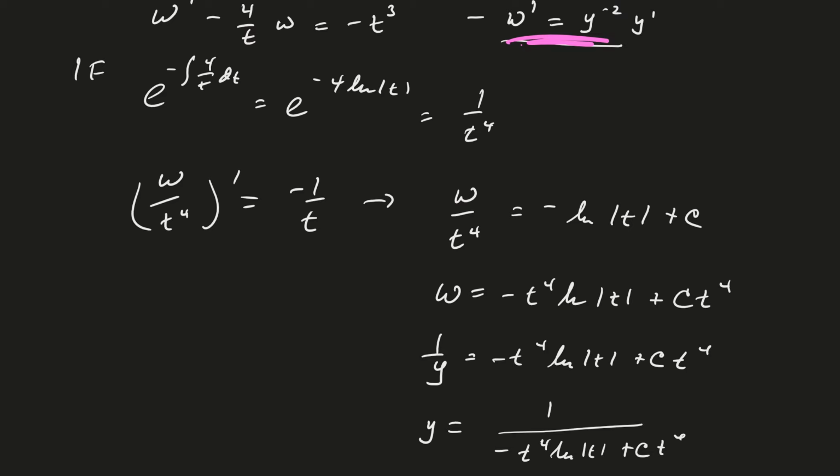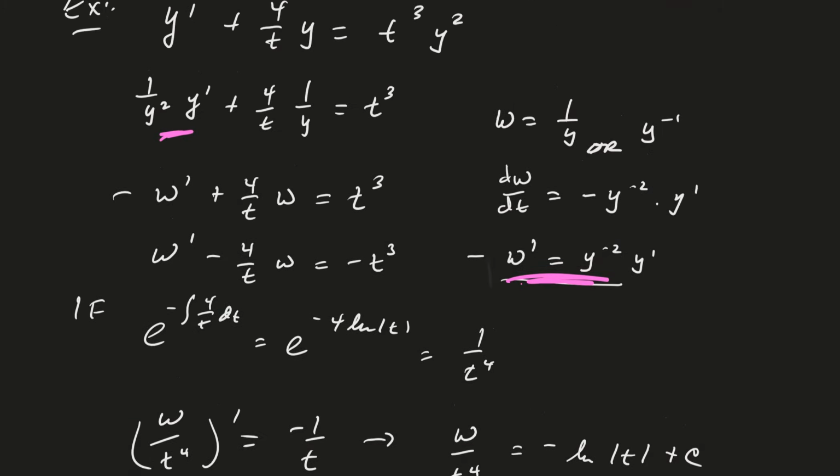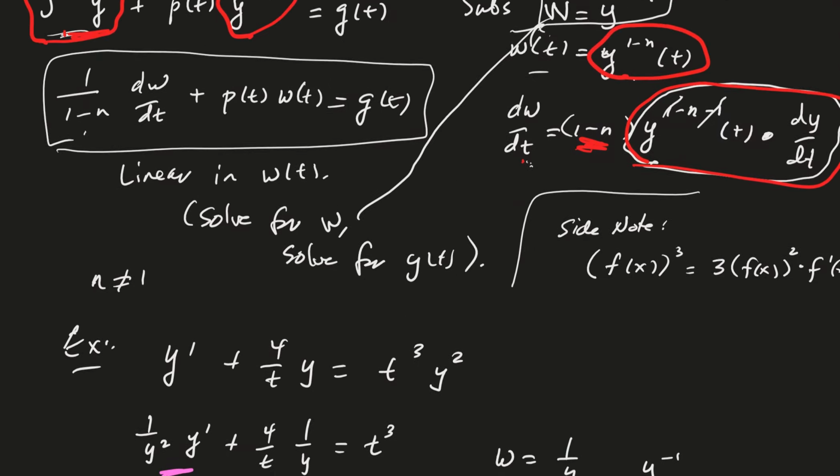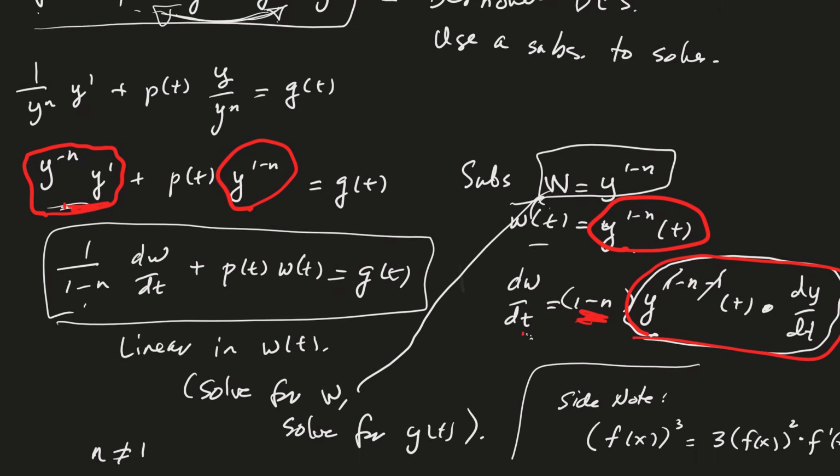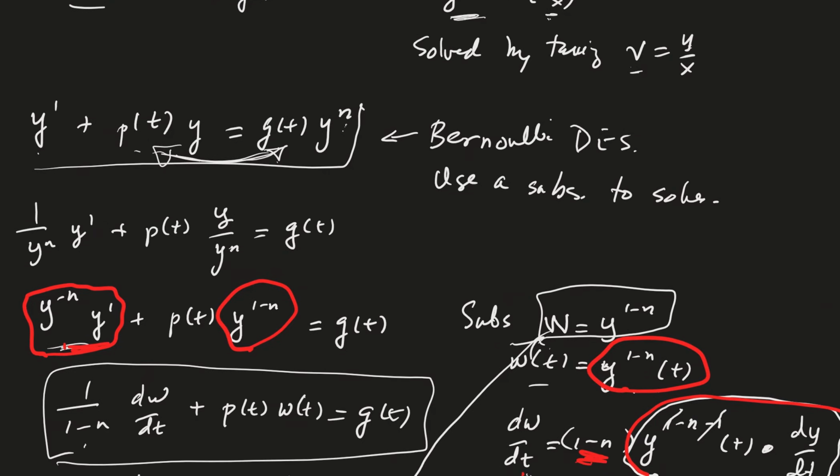So give the other ones a try. They're very similar. Again, the idea here is that for Bernoulli equations, we have this form starting off. And it almost looks like a linear differential equation, except you have a y to the nth power sitting over here.